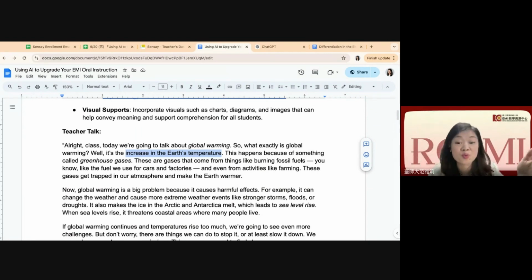That's where you burn fossil fuels, like the fuel that we use for cars and factories. So you got some other pictures, and even activities like farming, right? These gases get trapped in our atmosphere. So the atmosphere doesn't mean the atmosphere in the restaurant, but the atmosphere of the Earth, the globe, and make the Earth warmer. Okay?